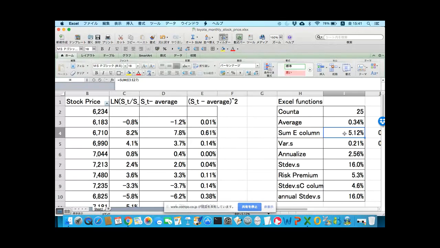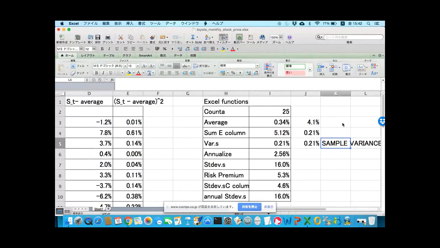In cell I4, 5.12%. And here, the sum of E3 to E27. So we use a sum function, right? We sum up the squared differences between the growth rate and the average. And to get a sample variance, we need to be very careful because this is the tricky part.